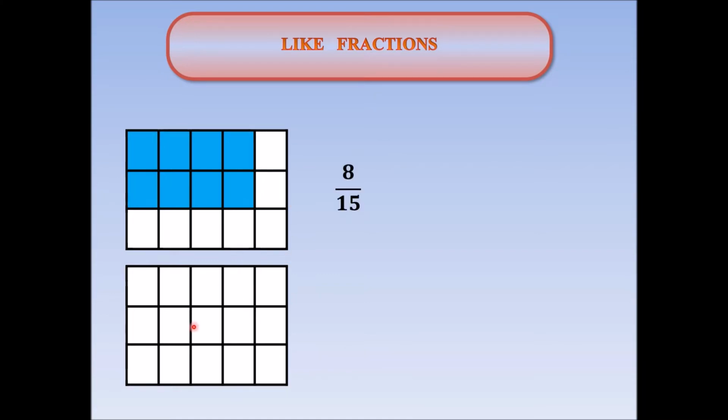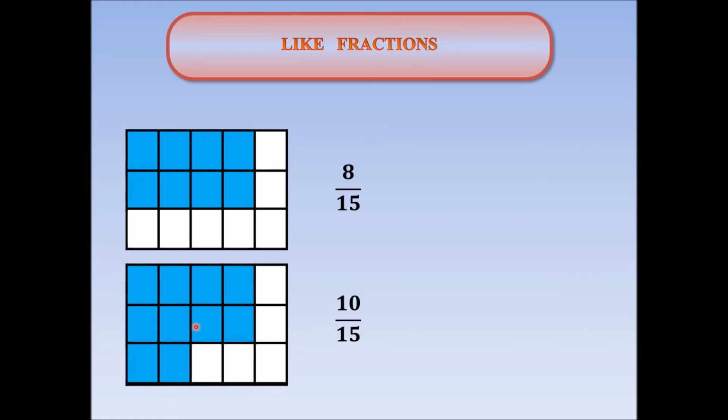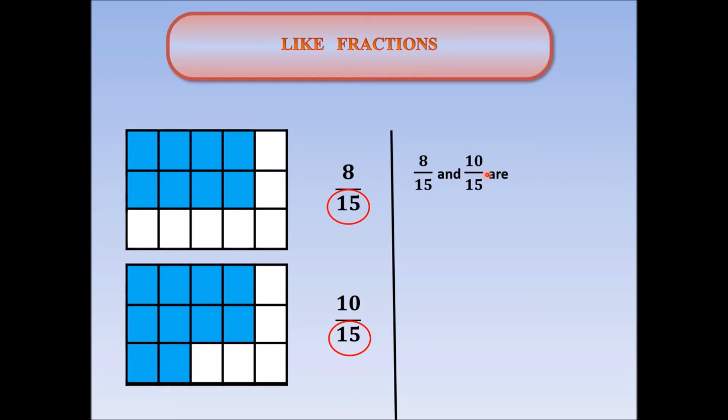In the second rectangle I am selecting 10 parts, hence it becomes 10 by 15. So here, because both the denominators are the same, the 8 by 15 and 10 by 15 are like fractions.